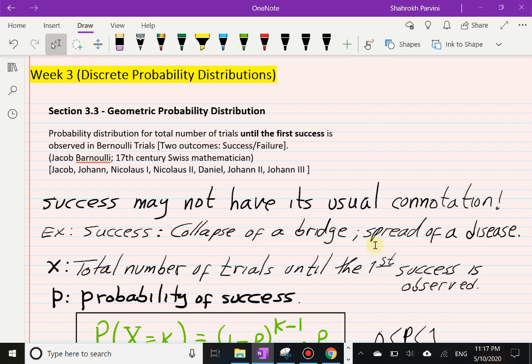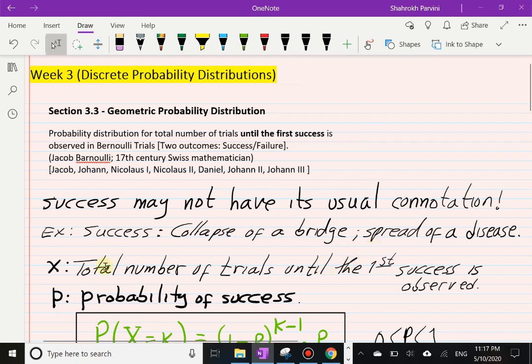So again, it's not necessarily a good thing. It could be a good thing. The success would be, let's say, that a company would thrive and increase their earnings 30% next quarter. So whatever the success is defined to be.